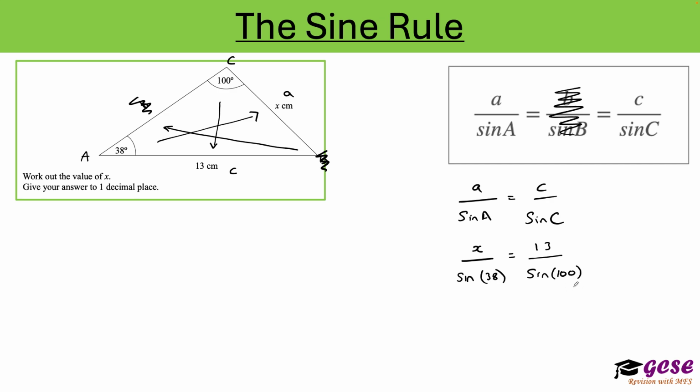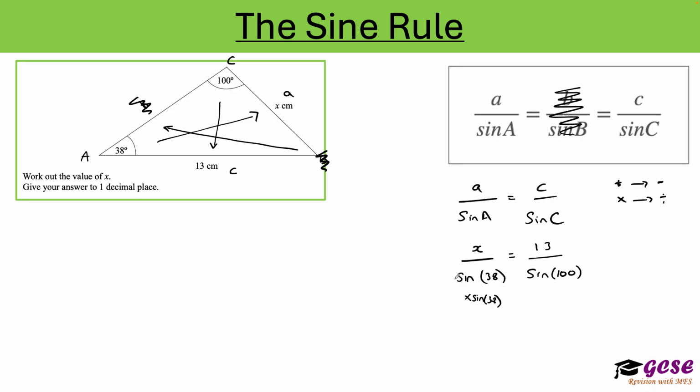Now all you need to do here is rearrange. We want x by itself on one side. However, at the moment, x is being divided by sine 38. So to get rid of something, you need to do the opposite. If we're adding, we need to subtract. If we're multiplying, we need to divide. At the moment, x is being divided by sine 38, so to get rid of it, we need to multiply by sine 38 to get x by itself.